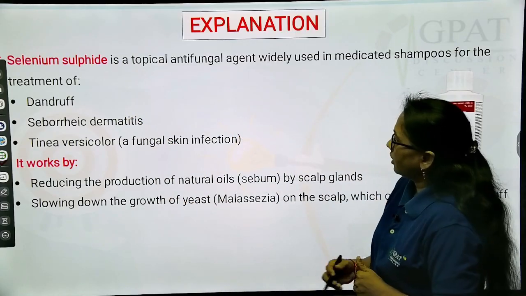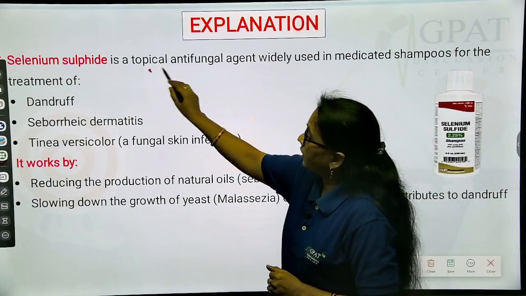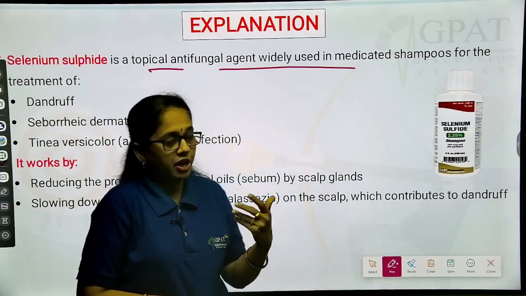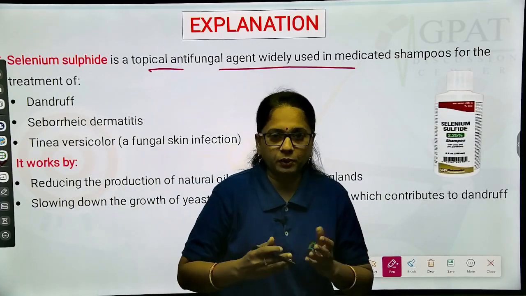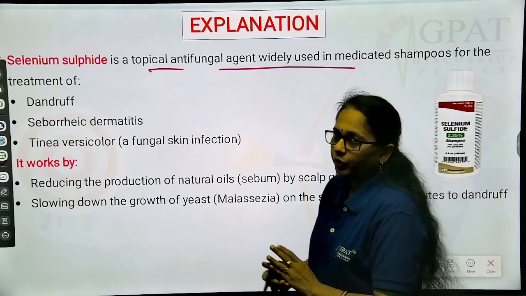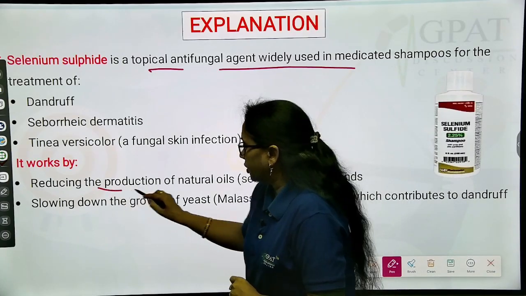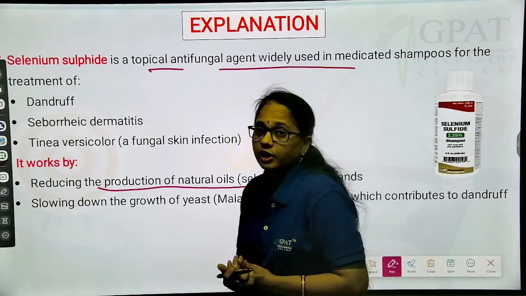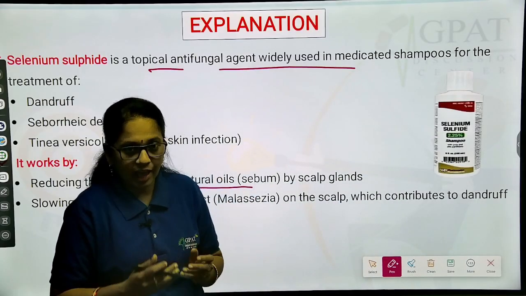Okay, so this selenium sulphide is a topical antifungal agent, a medicated shampoo, which is preferred. How does it work? By reducing the production of natural oils, that means the sebum, which is formed in our scalp glands.